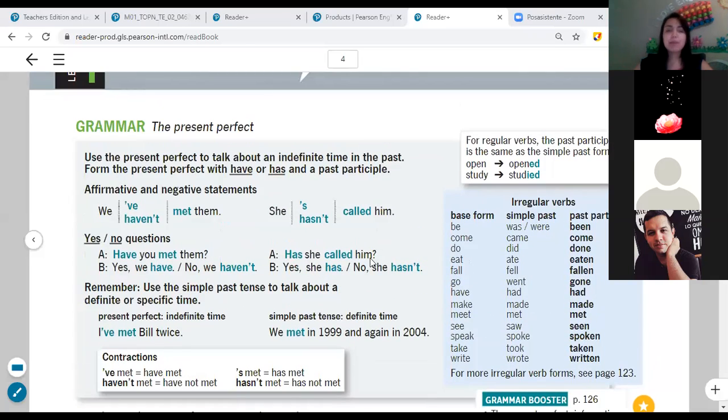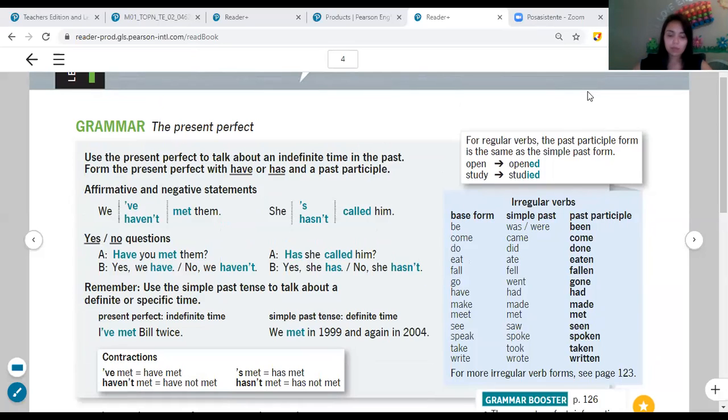So only to remember, use the present perfect to talk about an indefinite time in the past. Form the present perfect with have or has and a past participle.